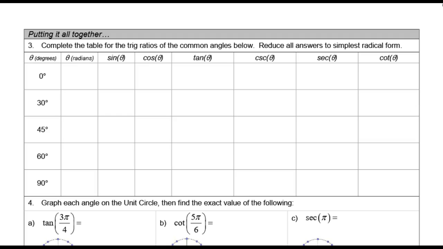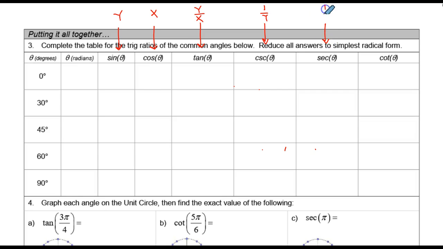It's important to remember that the sine of theta is the y coordinate on the unit circle. Cosine of theta is our x coordinate. Tangent of theta is y divided by x. Cosecant of theta is 1 over y, or 1 over sine.